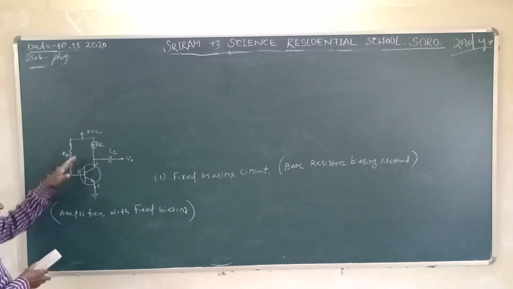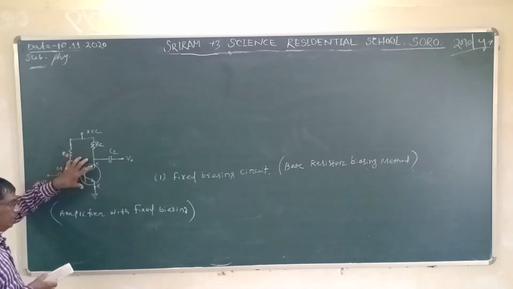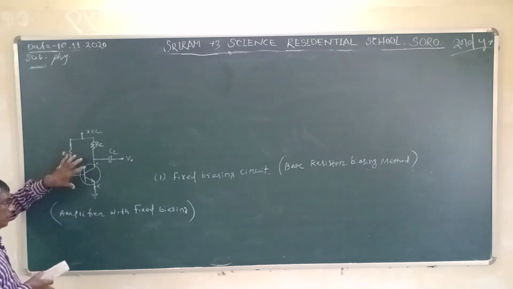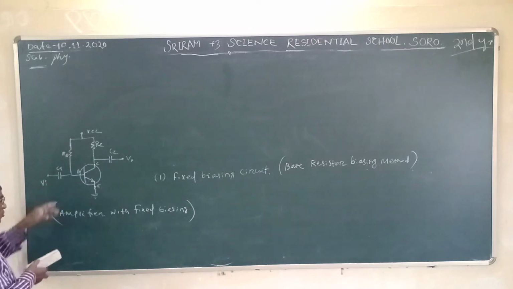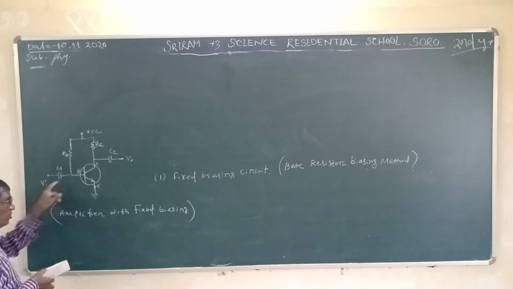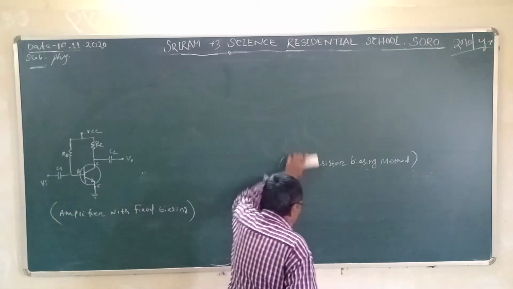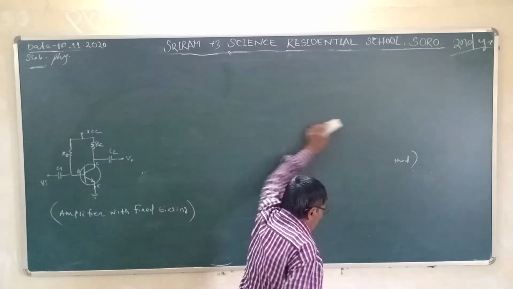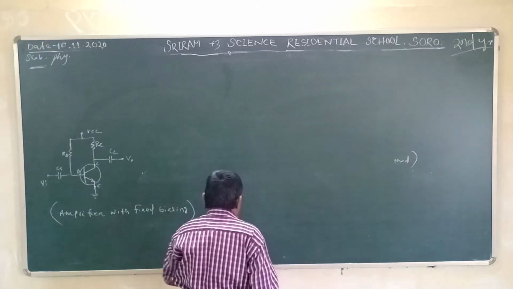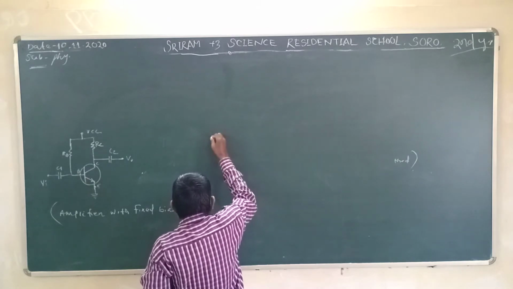When we design this biasing circuit, for DC analysis we should open the capacitors and remove the input source and output source. Now we model the circuit as a DC model.